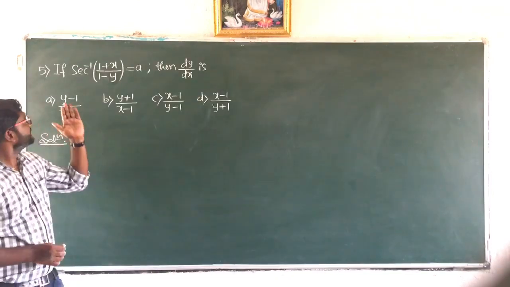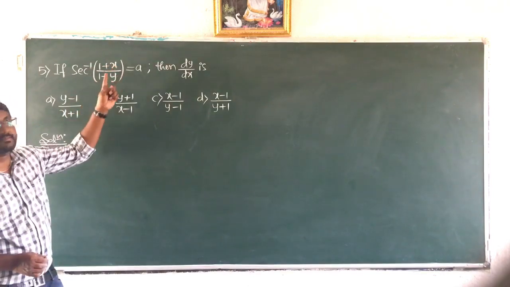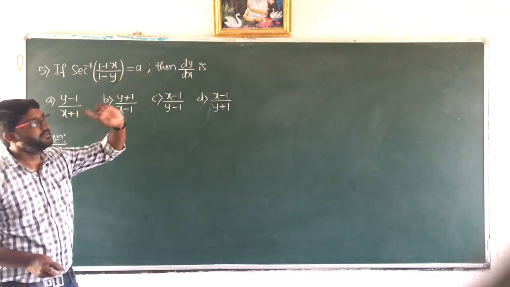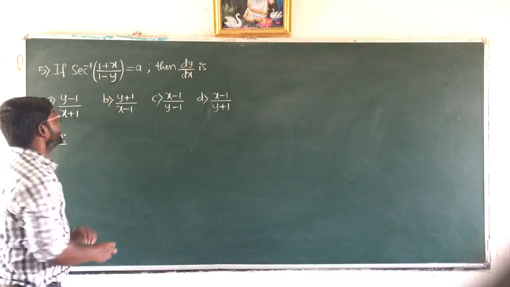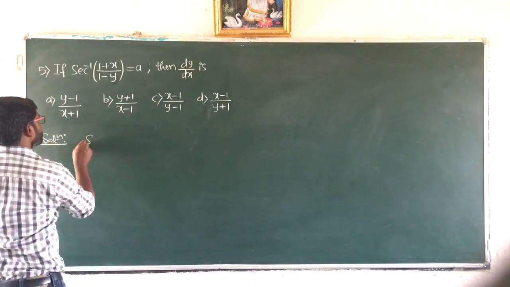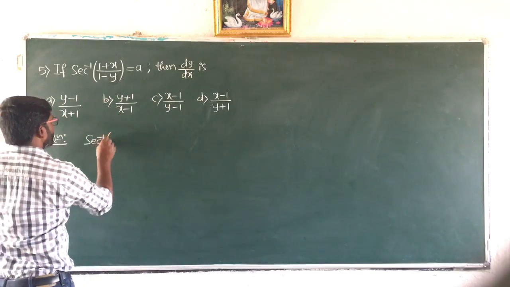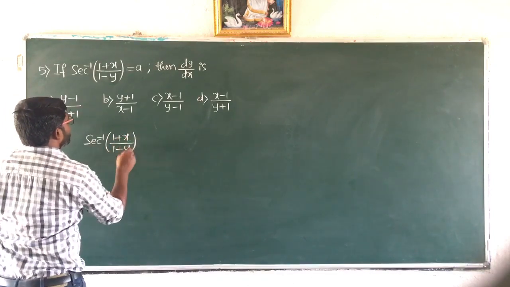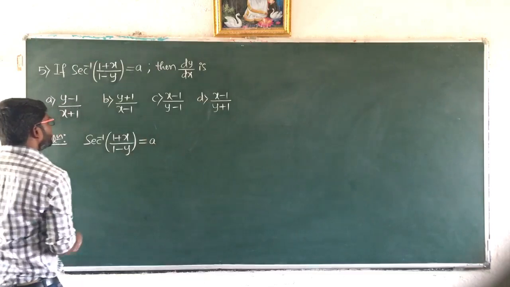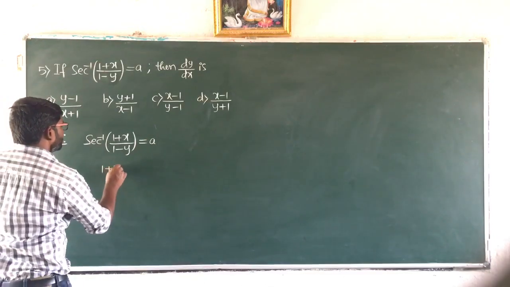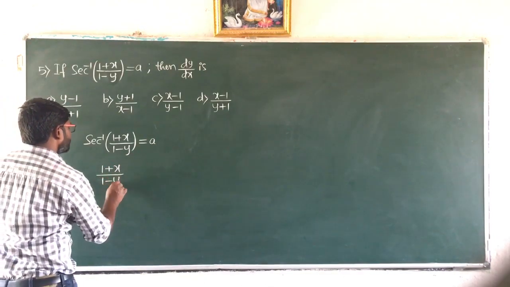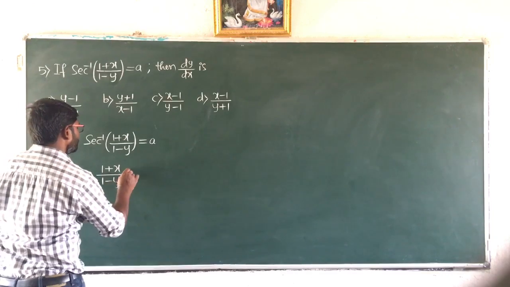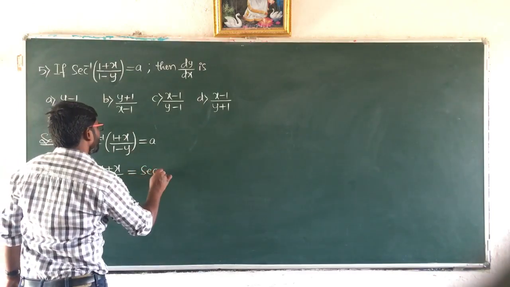Yes, the next question: secant inverse of (1 plus x) by (1 minus y) is equal to a. Then dy by dx is. So we consider the given function secant inverse of (1 plus x) by (1 minus y), which is equal to a. Now this can be written as 1 plus x divided by 1 minus y is equal to secant a.